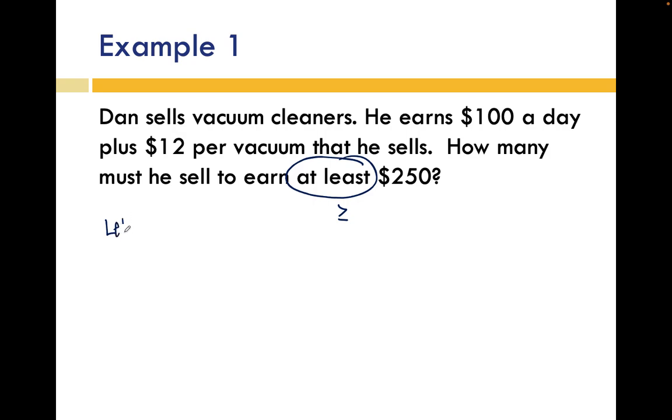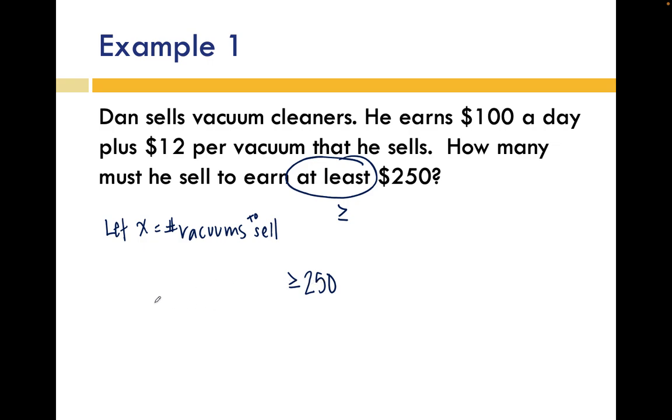Next, let's write our let statement. Since we're trying to figure out how many vacuums he must sell, x is going to represent the number of vacuums he must sell. Since he wants to earn at least $250, we're going to say he wants his earnings to be more than or equal to $250.